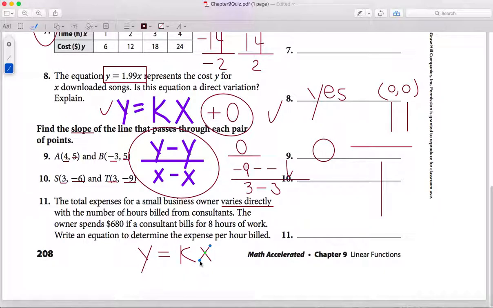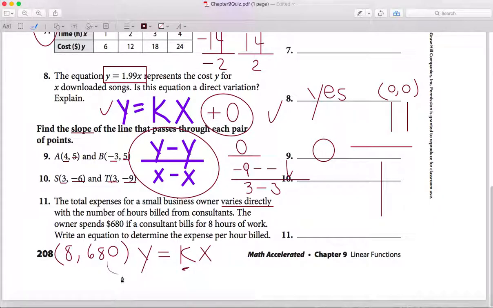Write an equation to determine the expense per bill. Well, it just said that we have 8 hours of work for $680. Okay, so what I have there are an x and y value that I can plug in to my equation and find out what that constant is.